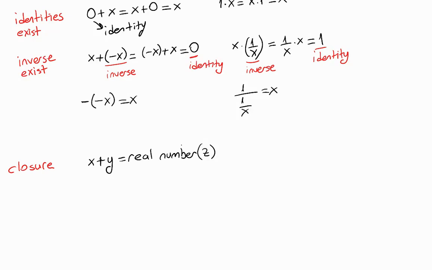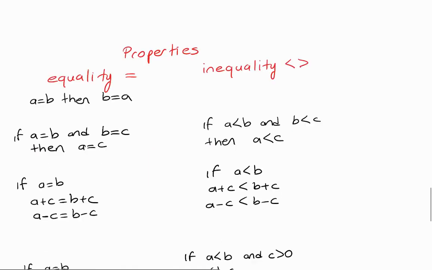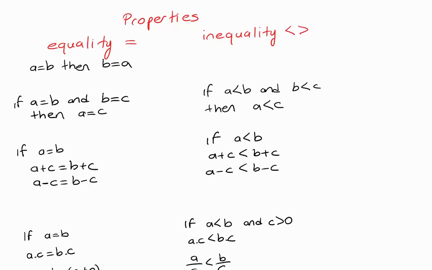So when you multiply two real numbers, you will get again a real number. Let's say t. Okay, that's it for addition and multiplication properties. Let's talk a little bit about properties of equality and inequality.